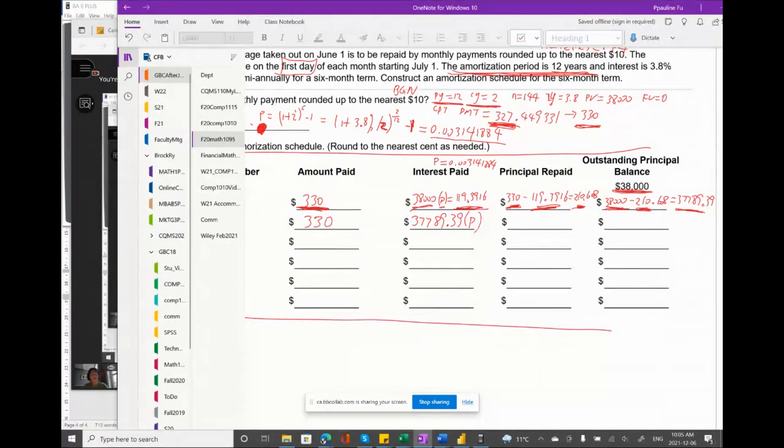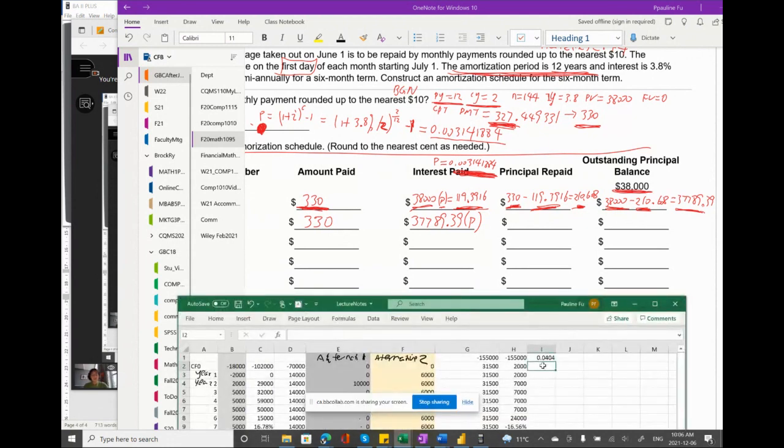This number times P, 0.00314, you get interest paid. I need to calculate this number. What is 37789.39 times 0.00314884?